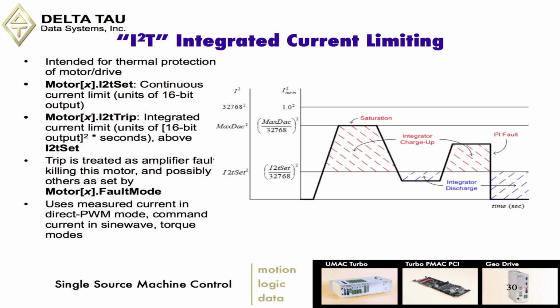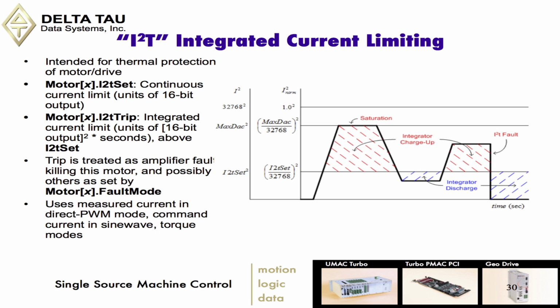This would be the integrated current limit above I2T set. And this trip would be treated as an amplifier fault. So the same results would happen based on the motor sub X dot fault mode. Is it going to fault other motors in the coordinate system? Is it just going to fault that motor? Or is it going to fault all motors on the PMAC?